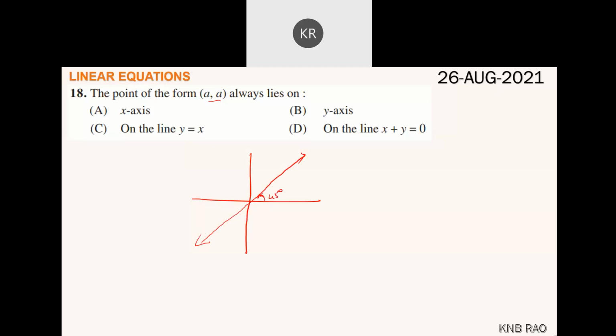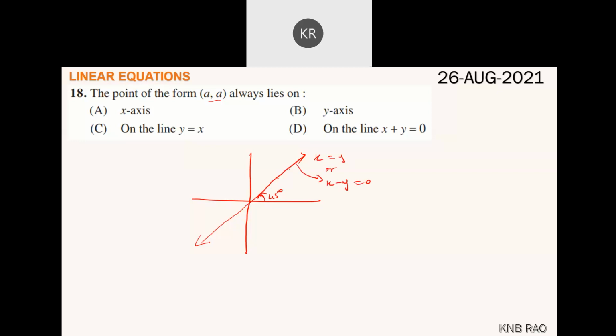The points lying on it are 0, 0; 1, 1; 2, 2; 3, 3; 4, 4; 5, 5 and so on, and minus 1, minus 1; minus 2, minus 2; minus 3, minus 3; minus 4, minus 4 and so on. Then only a comma a lies on this. It is x equals y, or you can say x minus y equals 0. This is the equation of that line.